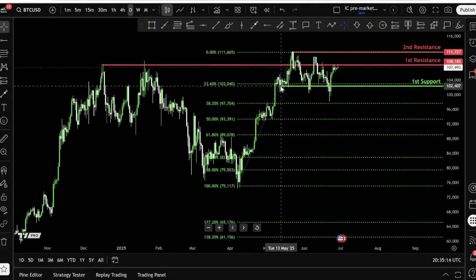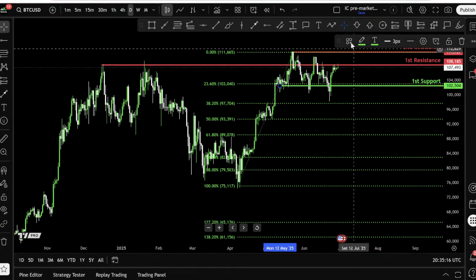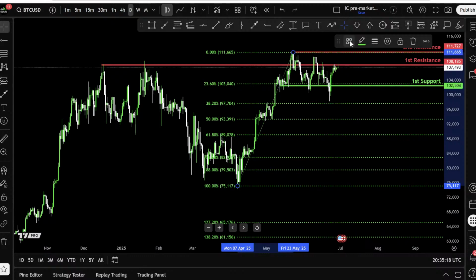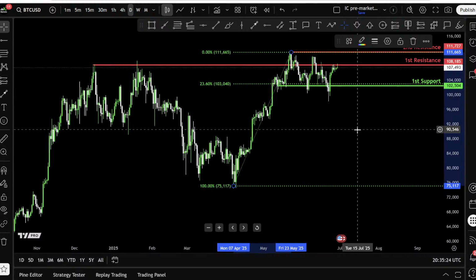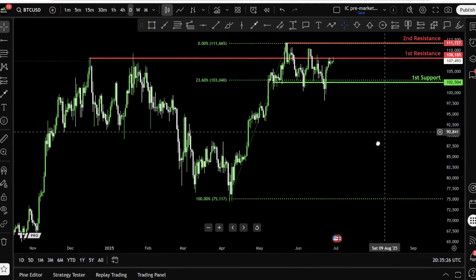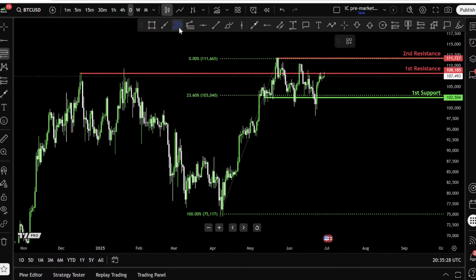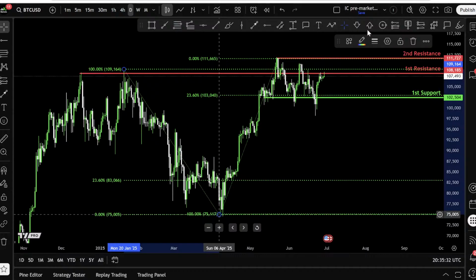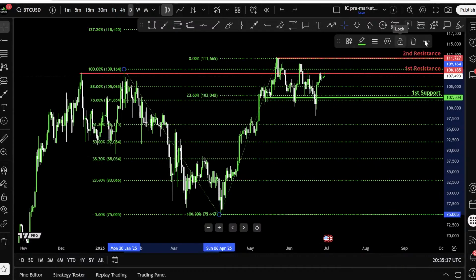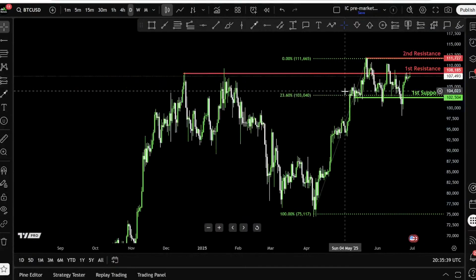I think this 23.6 might be a better fit. Okay, now I'm going in again with our Fib tool here. Okay, no, none of the levels line up.